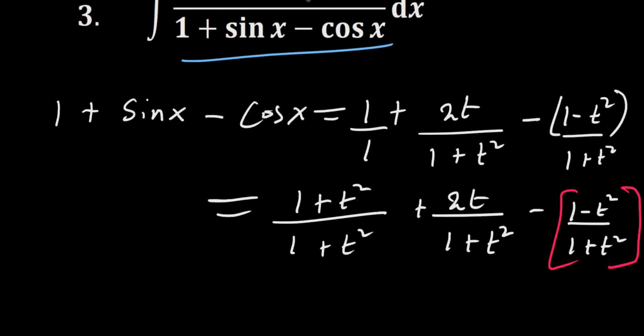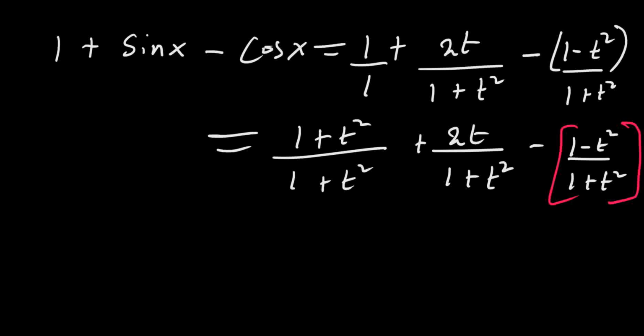Good. So if you clear the parentheses, we now have a common denominator of 1 plus t squared. So this would be 1 plus t squared plus 2t minus 1. Then this negative sign is going to multiply this negative sign over here and makes it positive.